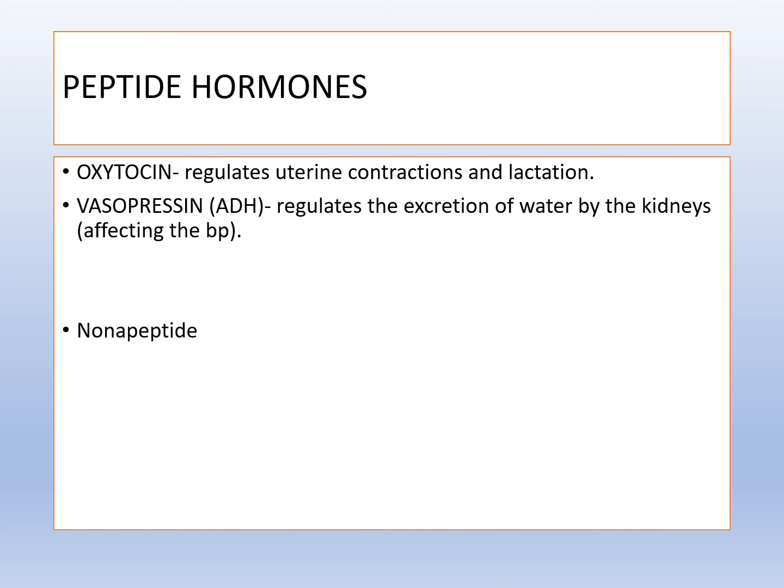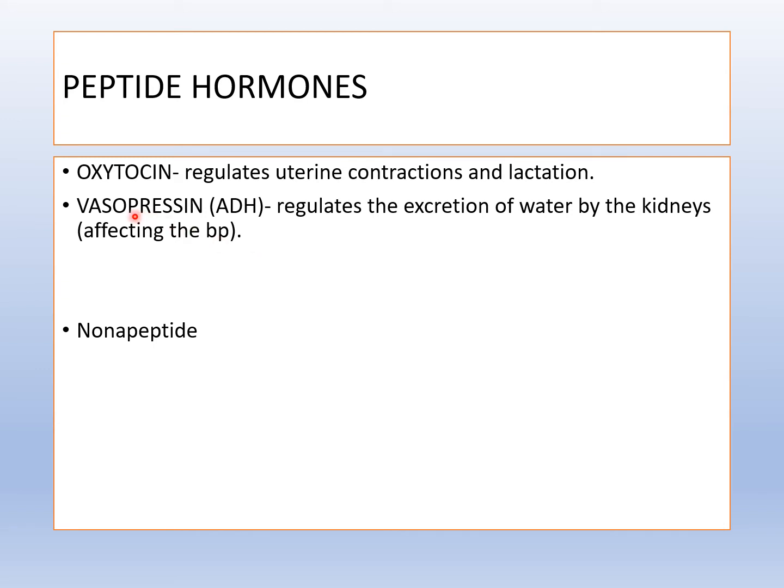Now let's talk about some peptides that are basically being used in the different biochemical processes here in our body. For example, we have some peptide hormones like your oxytocin and vasopressin, or ADH, or antidiuretic hormone.